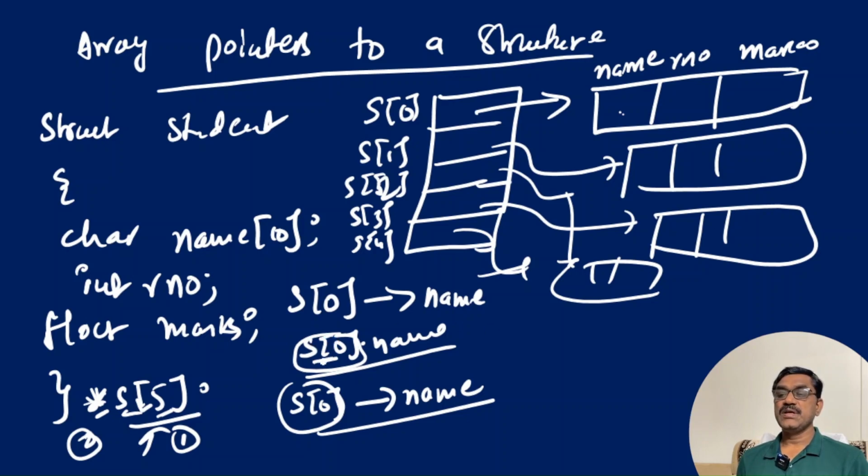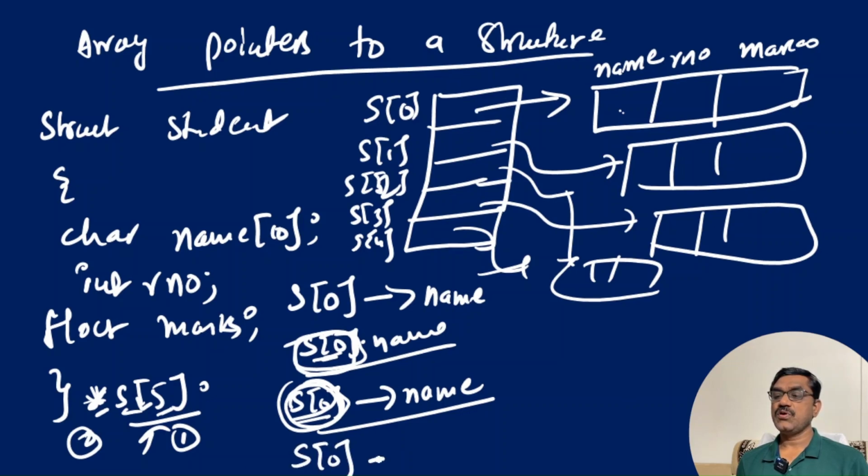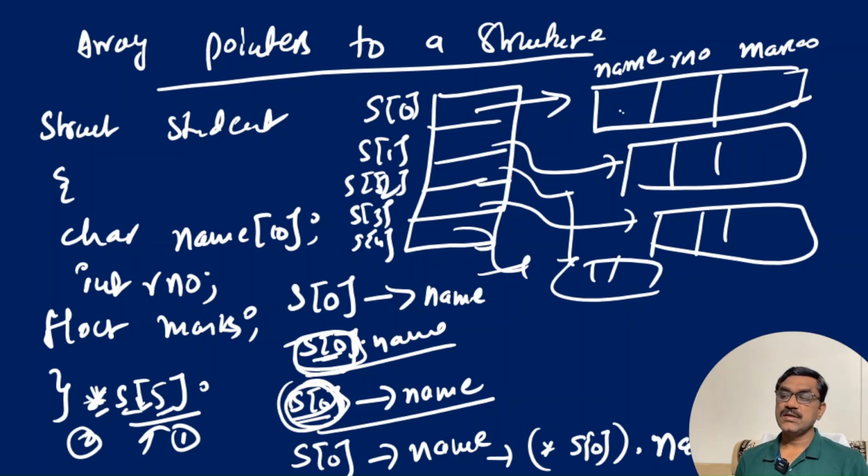There s of 0 simply consists of the address, but here s of 0 is a pointer which consists of an address. In the previous classes we discussed that s of 0 arrow name is the same as star of s of 0 dot name. So this is the way of accessing the members of a structure by using pointers.